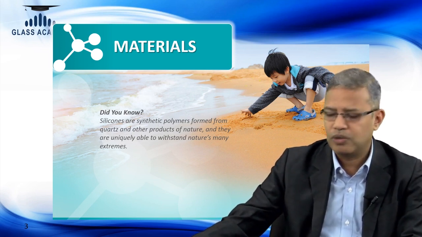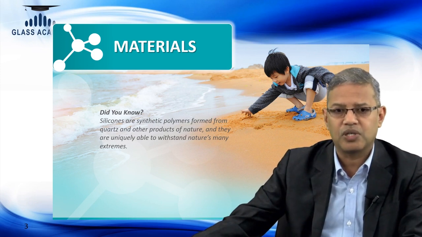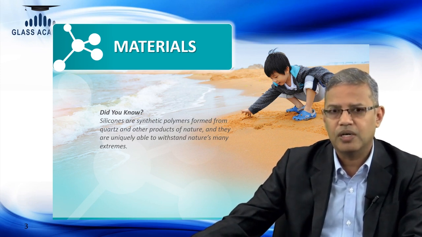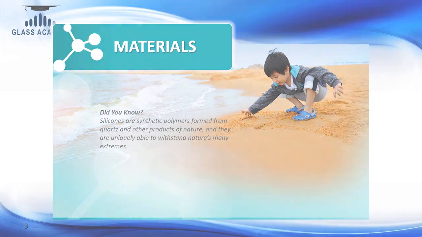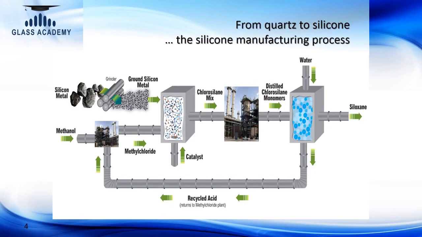One important thing to understand is that quartz is the original raw material for making silicone, which is available in the earth's crust. This process shows the total basic train of how silicone is made.